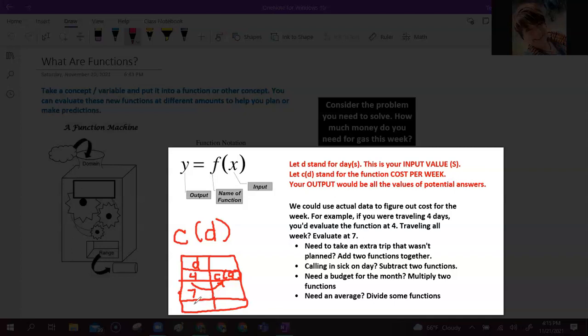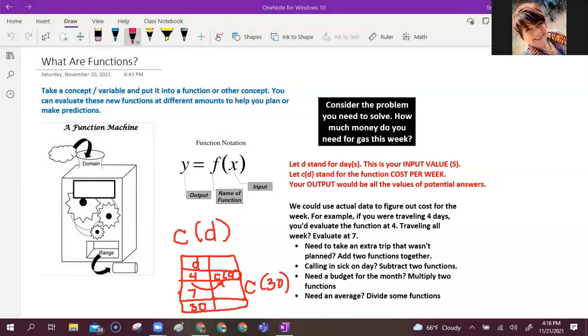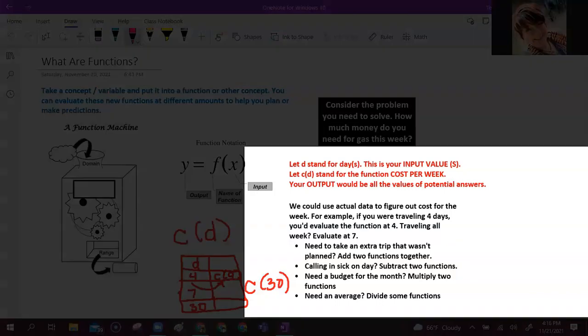Then you can even go past a week and figure out, okay, how much would it be for the whole month, for 30 days? So then you would be finding C at 30. You're not really at this point finding an answer. You're just getting in your head what each function is and what it stands for.